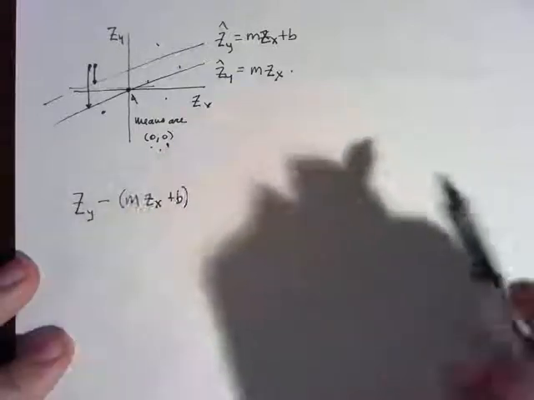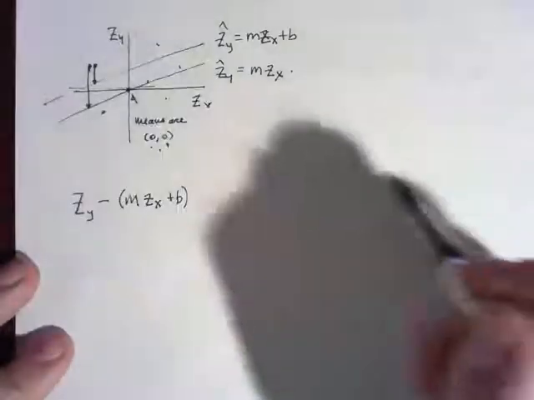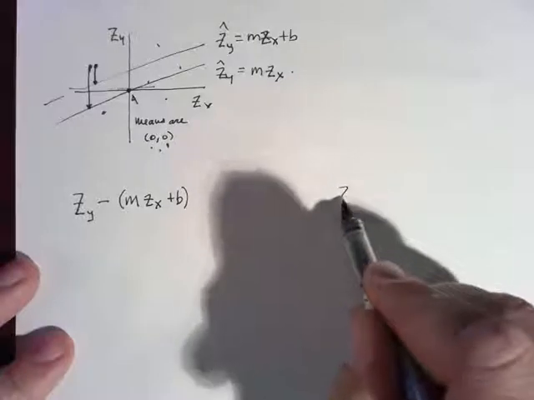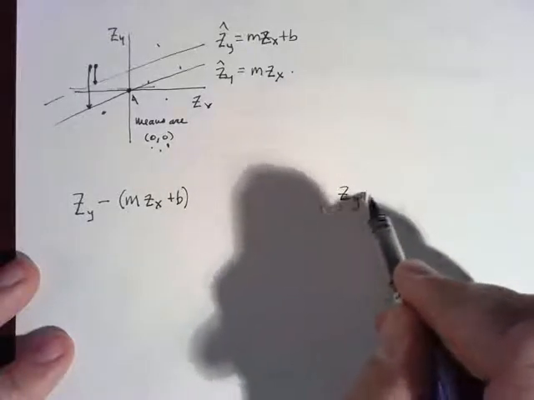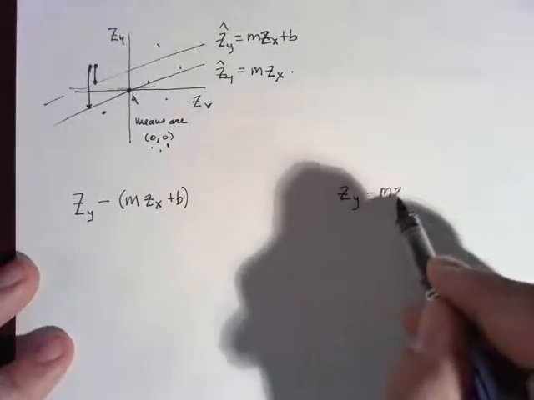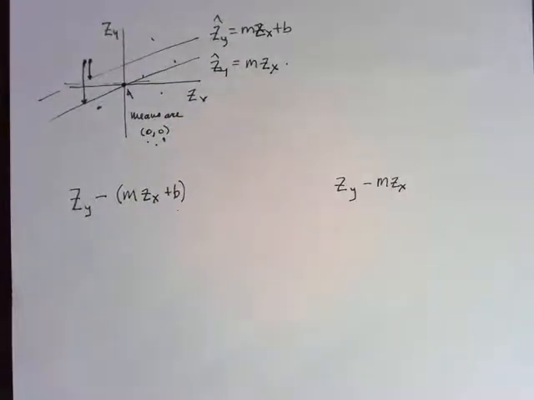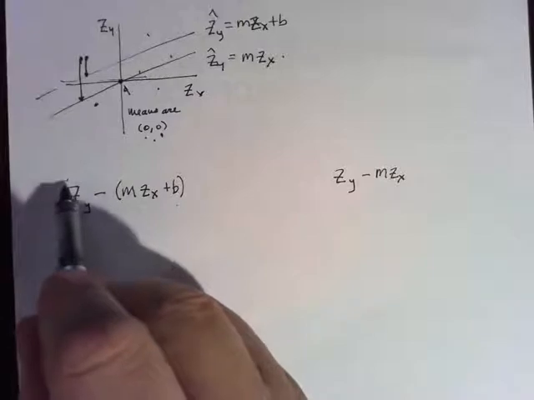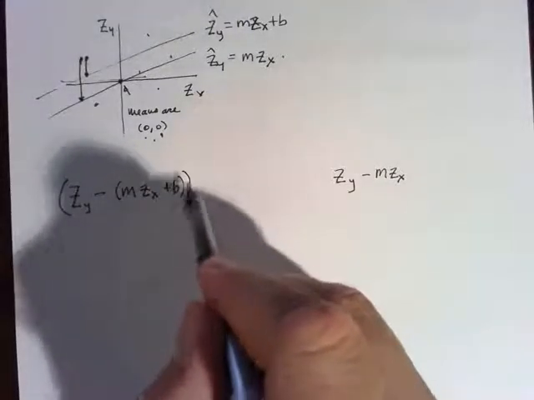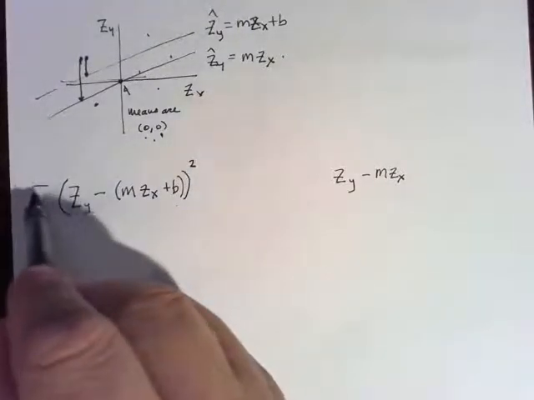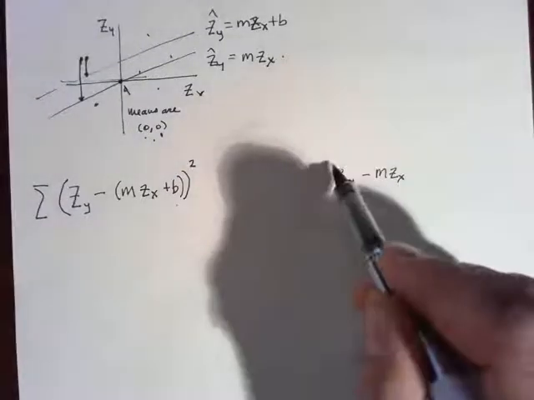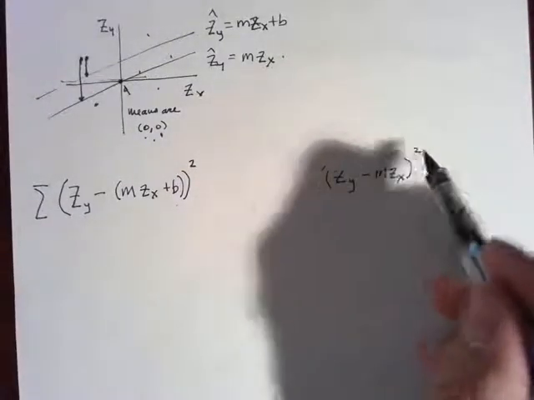So that's a residual. If I'm using this line, I don't have the plus b. So I simply have that. So the sum of the squares of the residuals then looks like this over here, and it looks like this over here.